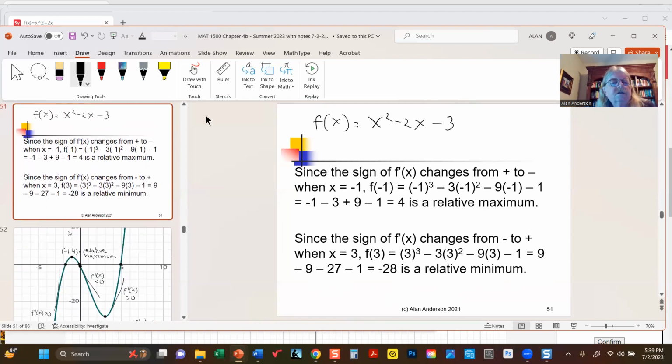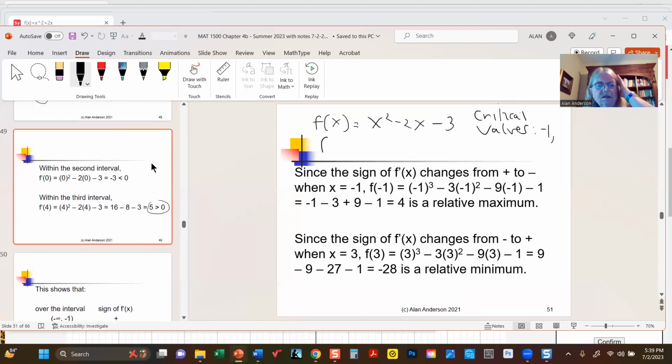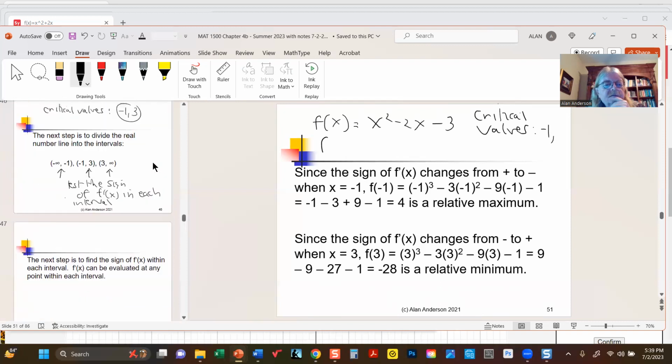And so the two critical values, I should say, were -1 and +3.